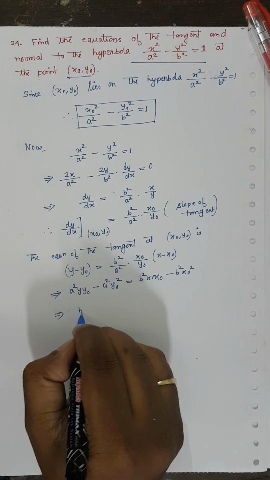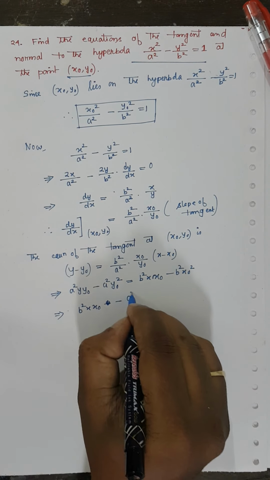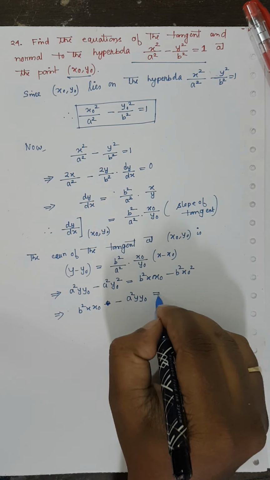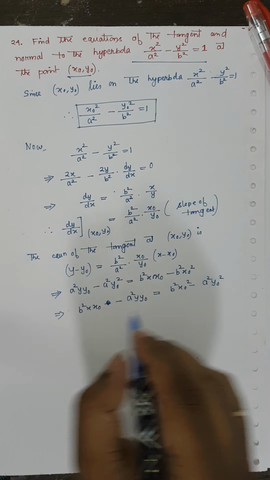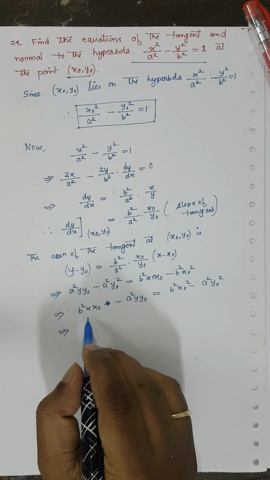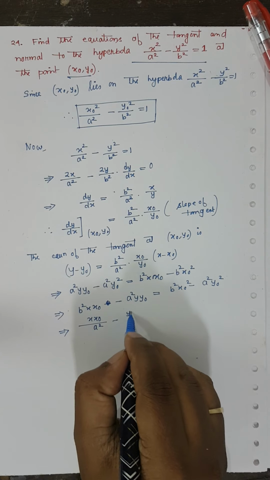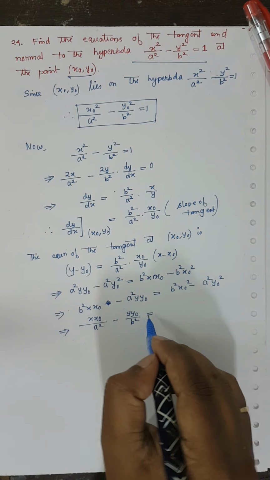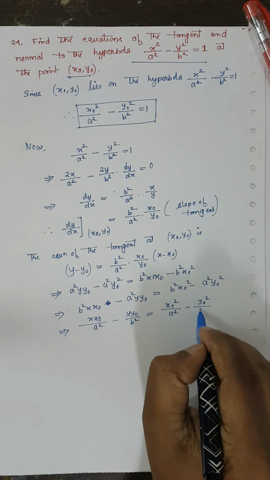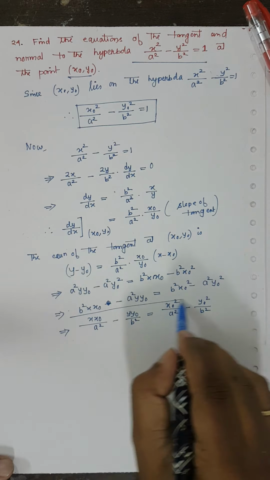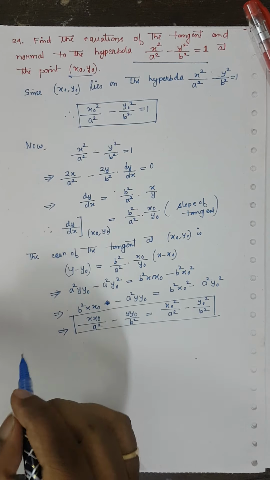So I am getting b square x naught x minus a square y naught y is equal to b square x naught square minus a square y naught square. If you divide by a square into b square, you get x naught x by a square minus y naught y by b square is equal to x naught square by a square minus y naught square by b square. This is the required equation of the tangent drawn to the curve at the point x naught, y naught.